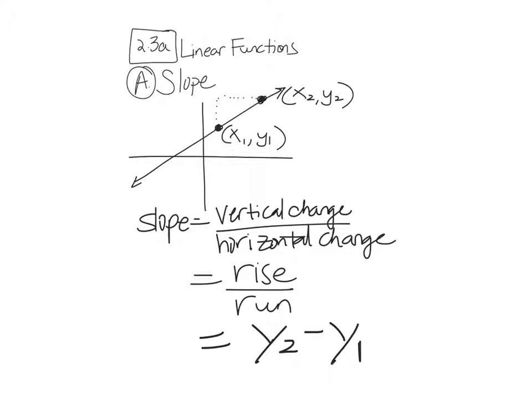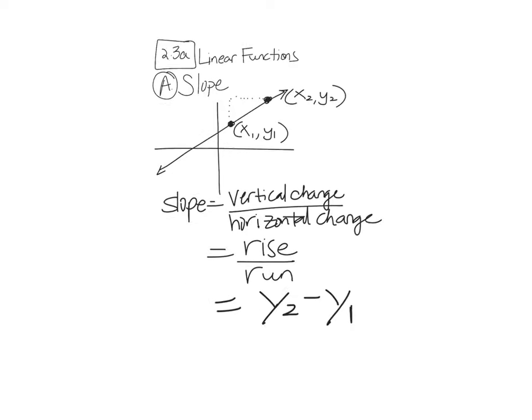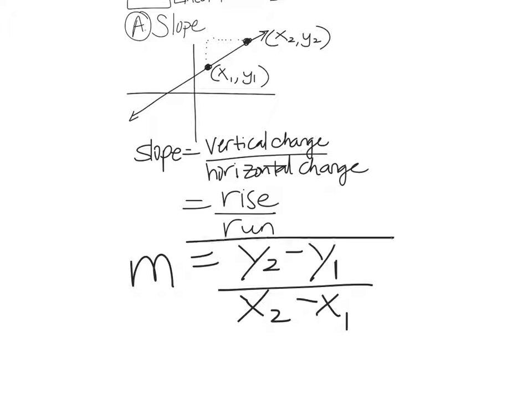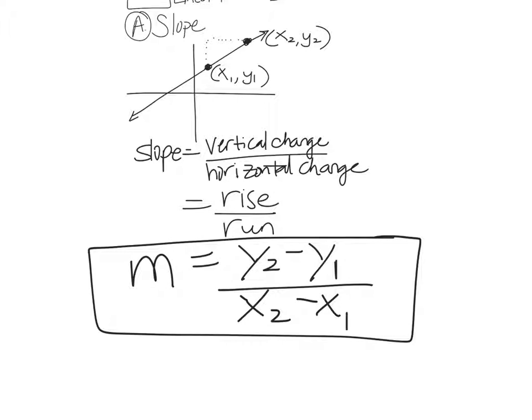The change in temperature is 10 degrees. You subtract them. But we have to subtract 2 things because there are 2 movements: a vertical movement, and how far I go horizontally, which is x2 minus x1. We call slope m. This is the best thing ever.